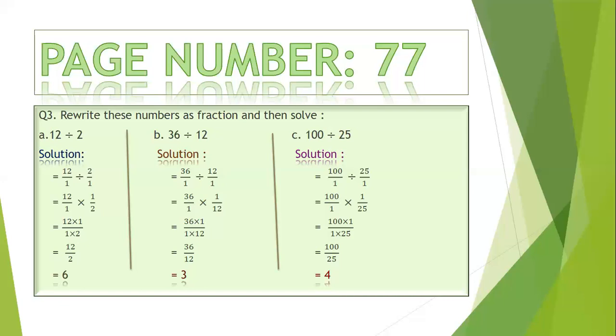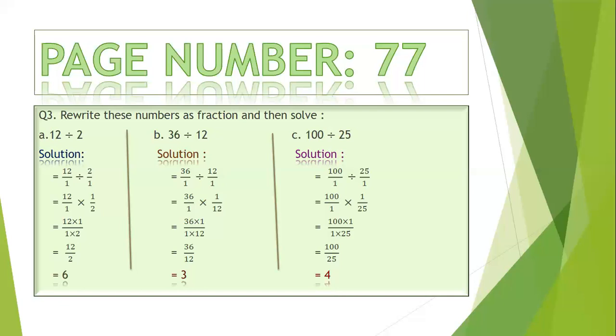The same procedure, we multiply the numerators and the denominators. 100 over 25, 4 is there, 4 over 1, or you can write 4. So after dividing 100 with 25, we get 4.